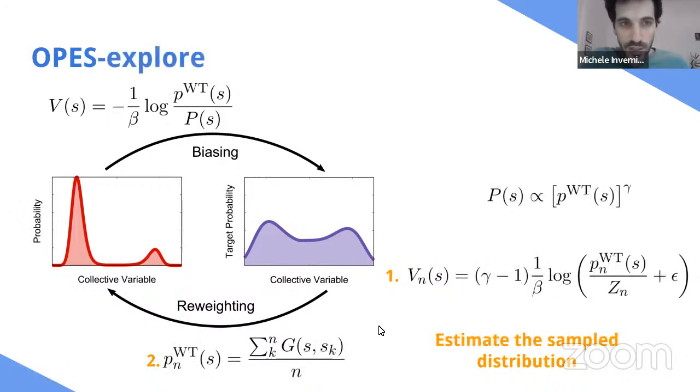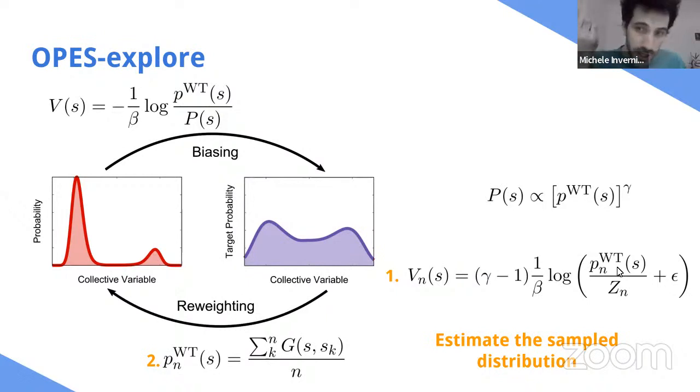In OPES-explore instead, what you do is you estimate the sample distribution. So now this is a kind of kernel density, but the weights are all equal to 1. And again, you just invert this relation and you can write the bias as a function of the sample target distribution.